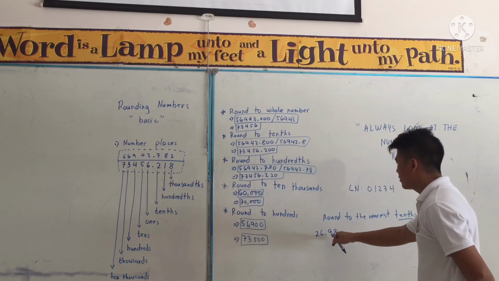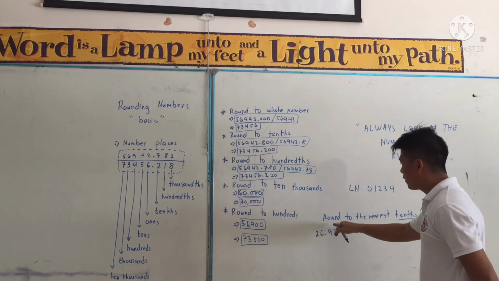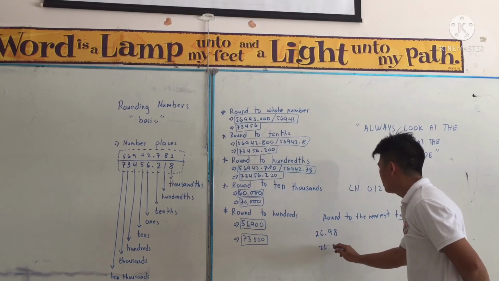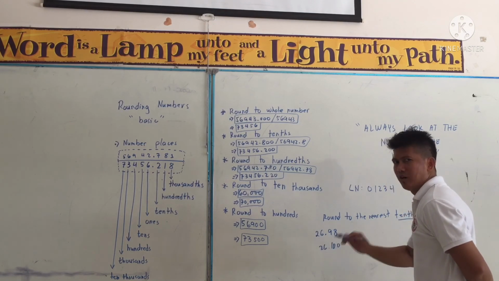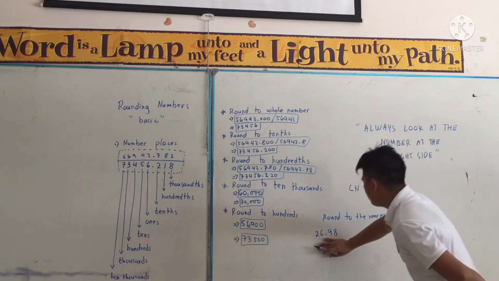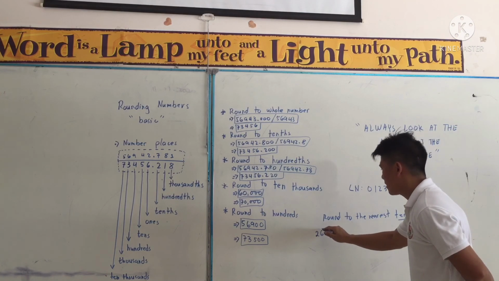And the number to the right of 9 is 8, which belongs to the higher number, so you have to add 1 here. Do you think you will just write 26.10? No, it's not correct. Since this is 9, you have to add 1 to 6 also.